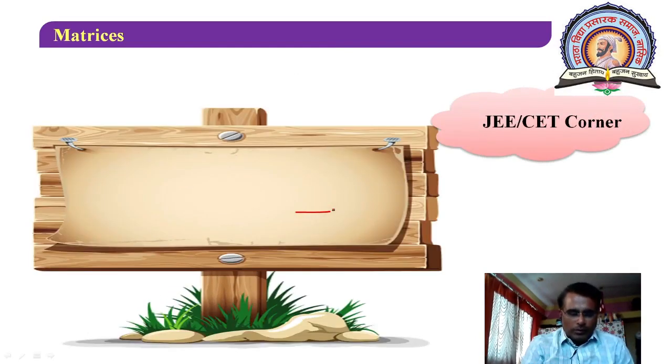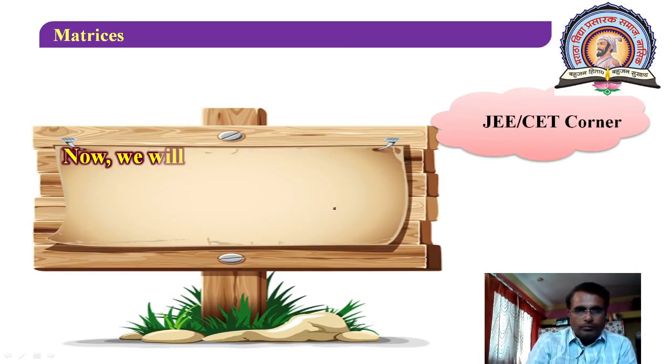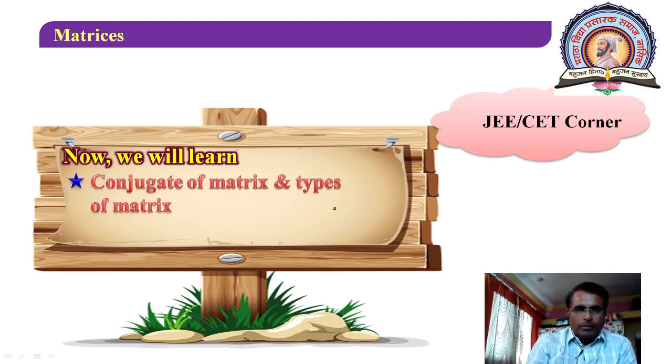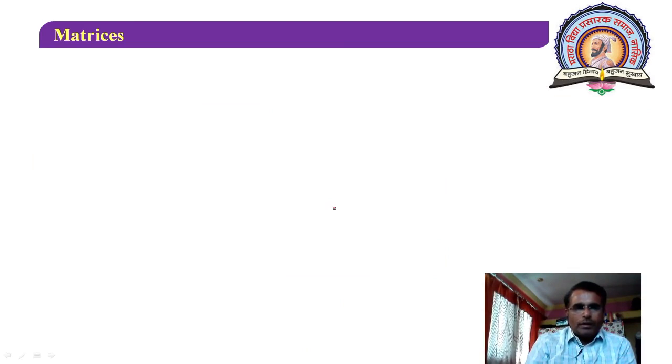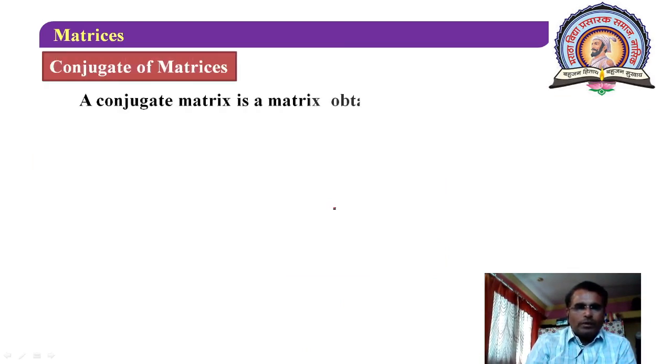Next, we have to consider another concept, that is conjugate of a matrix and types of matrices. So let us see what is the meaning of conjugate of a matrix.